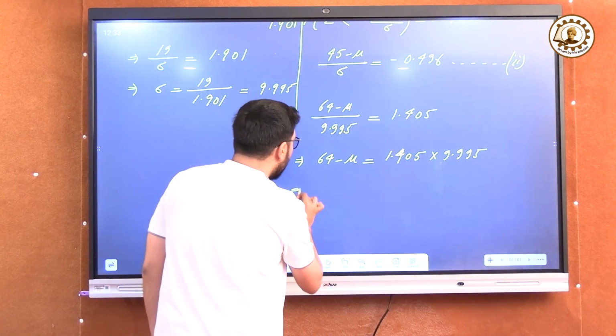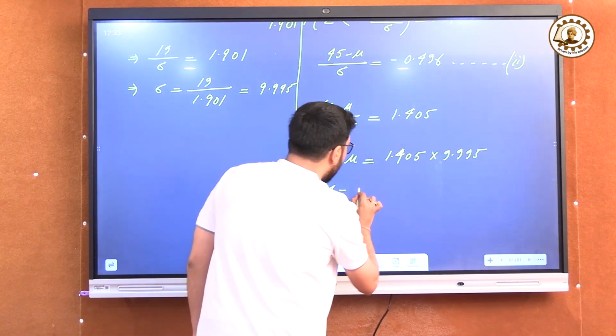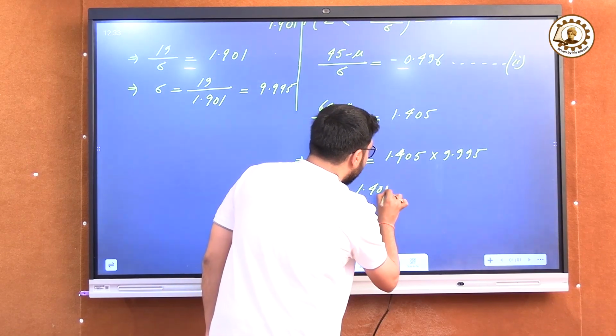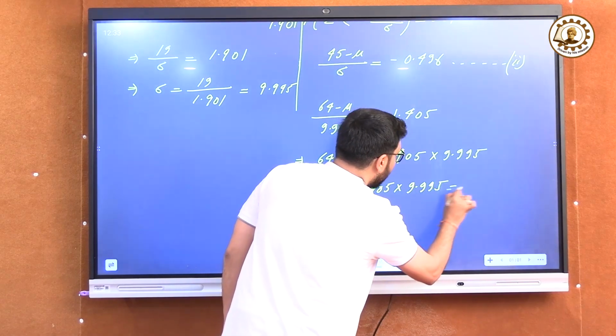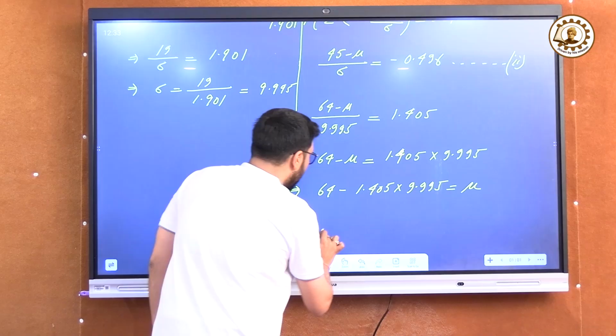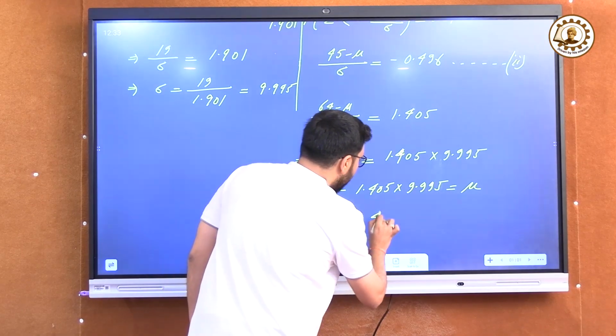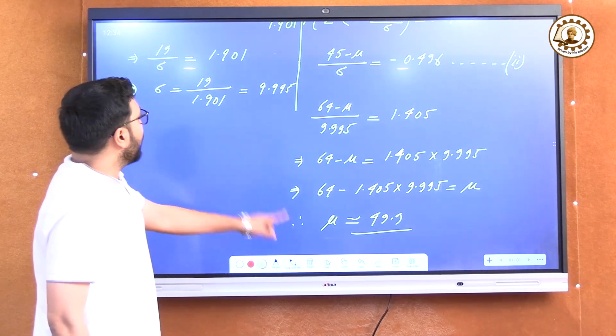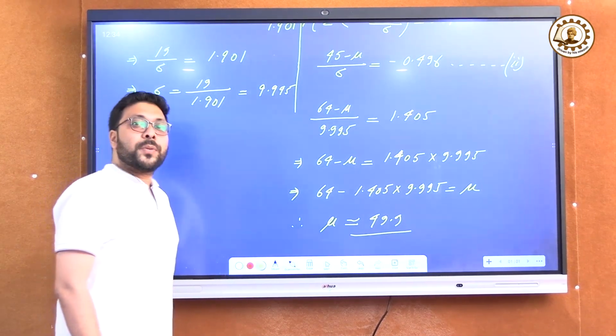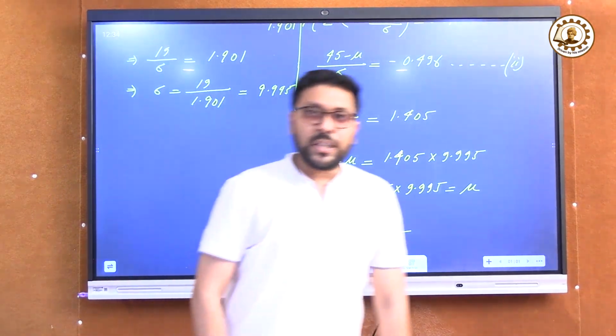So the value of mu is 64 minus 1.405 into 9.995. You will get something around 49.9. So this is the value of mu and this is the value of sigma which we were supposed to find from this question. Thank you.